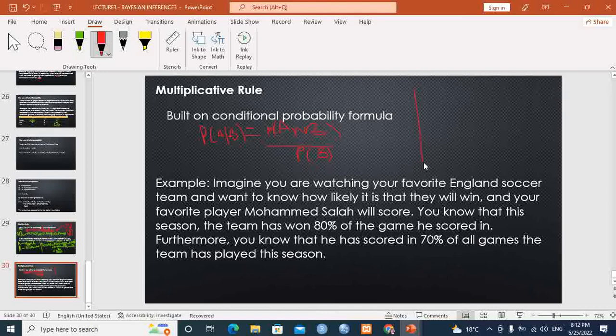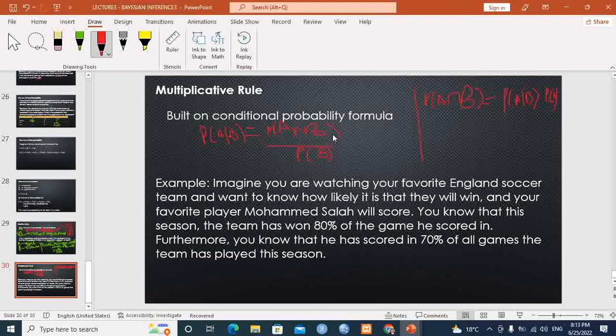So the probability of events A and B happening together, we were given the probability of A given B, and we have the probability of B. So the joint probability, the probability of A intersection B, will be equal to, from simple elementary mathematics, the probability of A given B times the probability of B.